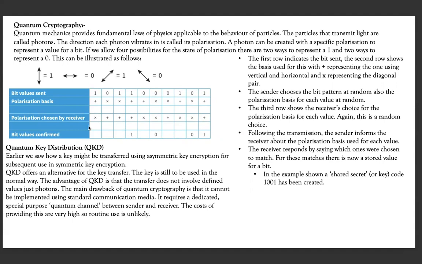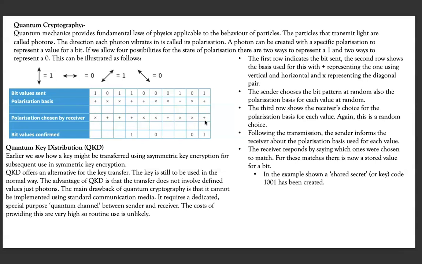Basically, when the data is received by the receiver, there's another communication between the sender and the receiver. In this communication, the sender simply states what polarization was used for that particular bit. So for example, when the sender sent this data, they used this sequence of filters, and when the receiver received the data, they used these sequences of filters.